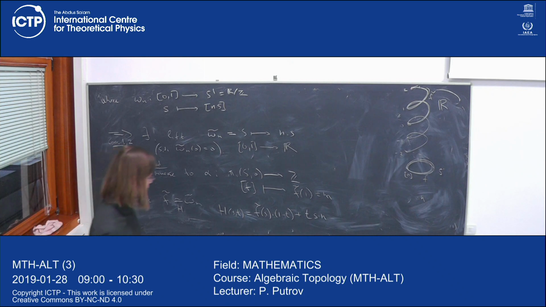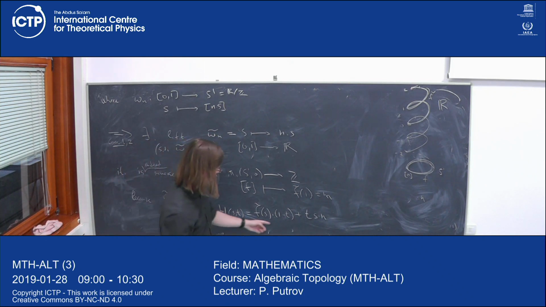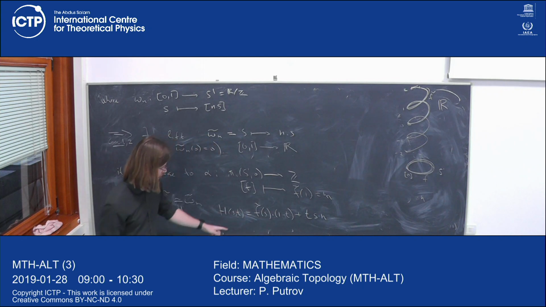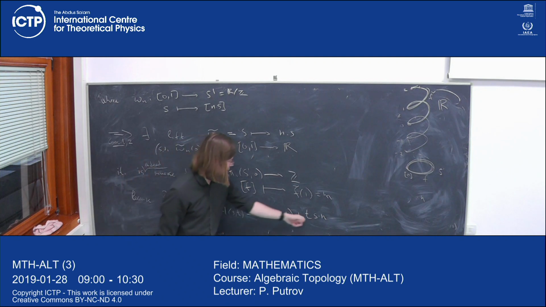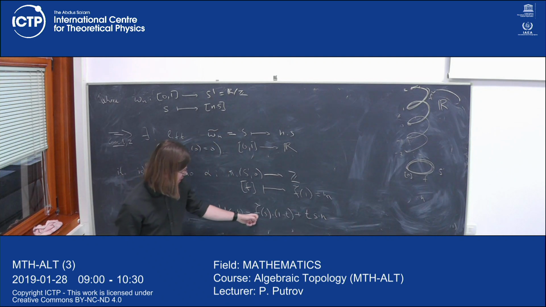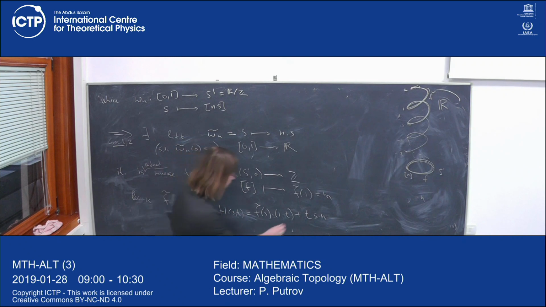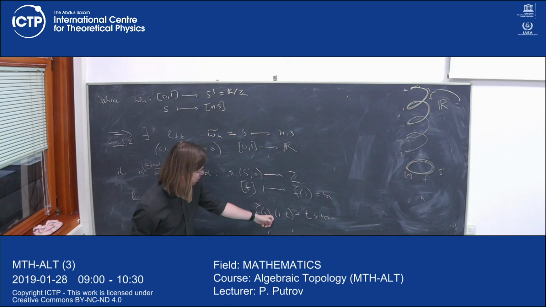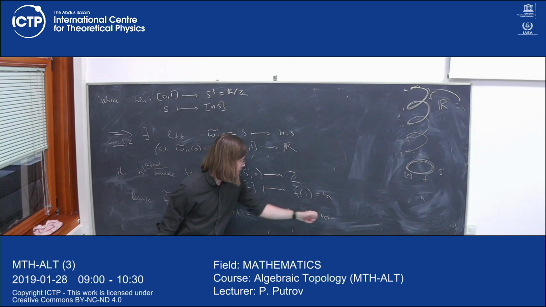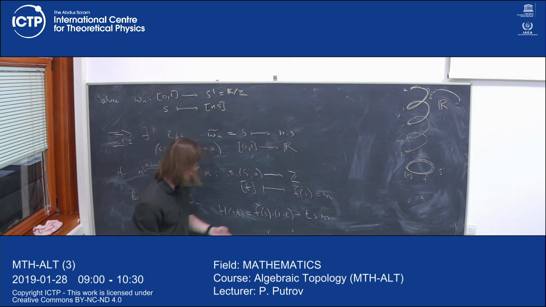So first of all, it's clear that this is a path homotopy. When s equals 0, this stays 0. When s equals 1, this becomes m times 1 minus t plus t times m, which is the same as m.